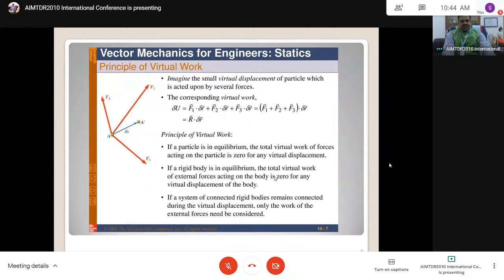This delta R is the displacement, the vector length. If you resolve the vectors, F1 dot product delta R, F2 dot product delta R, F3 dot product delta R. Because delta R is common, you can separate it. This system of forces has a resultant force R. That resultant force dot delta R can be represented as the principle of virtual work. Imagine a small virtual displacement of a particle which is acted upon by several forces.